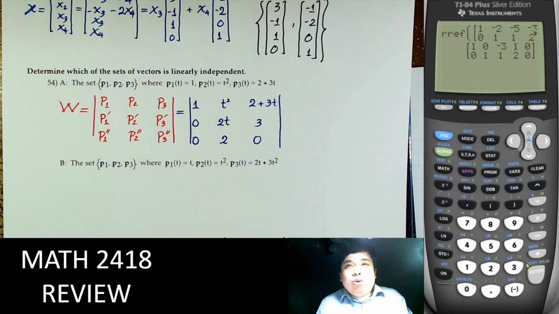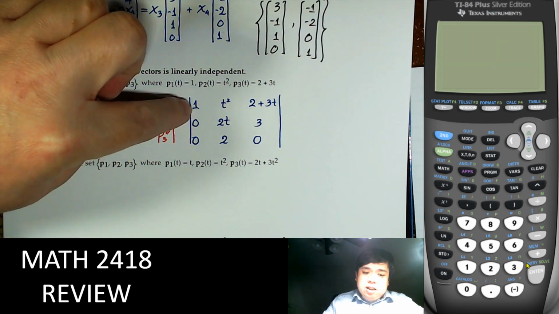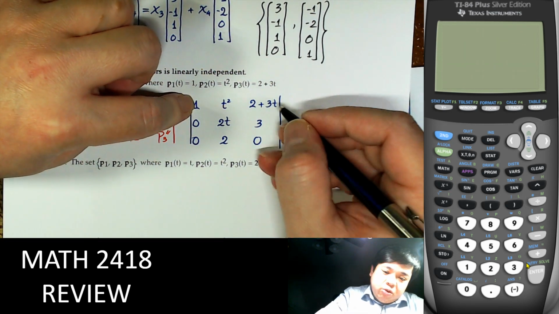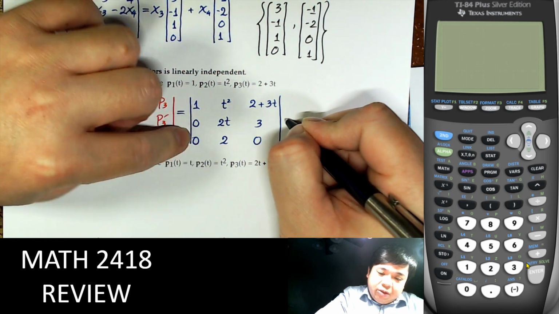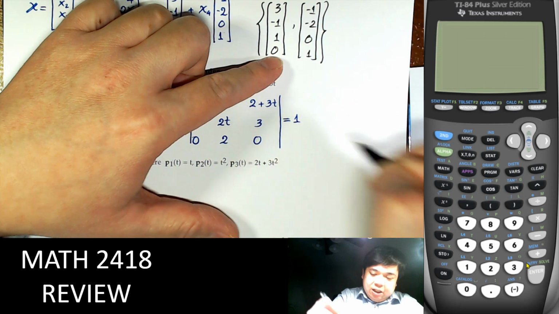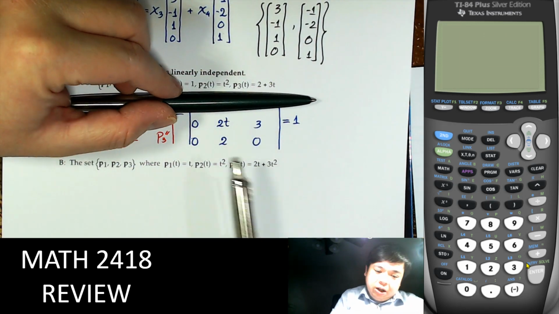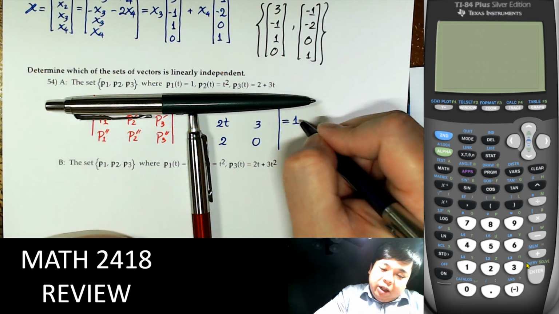If it is equal to 0 for all values of t, they are not linearly independent. Here, if we expand on the first column, I will write 1 and then cover the row and the column containing 1, because that's how we find the determinant.